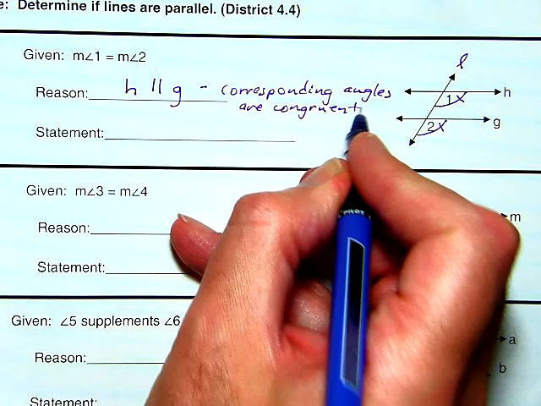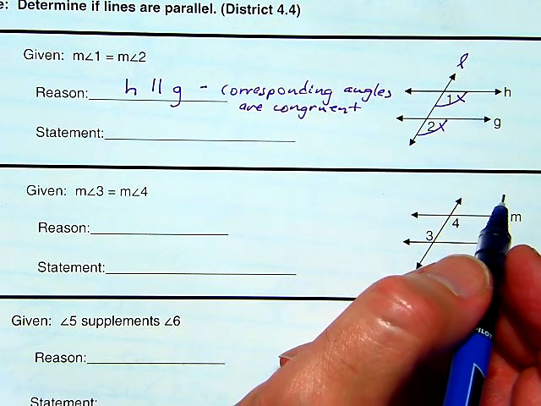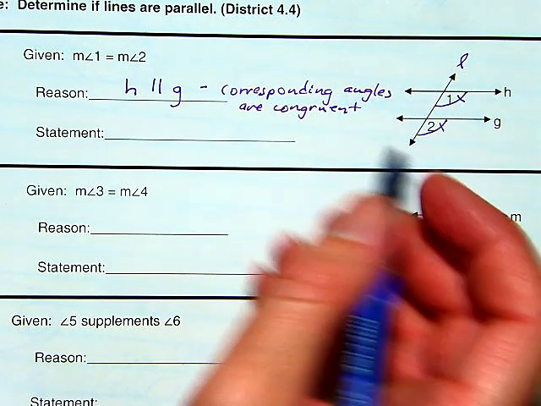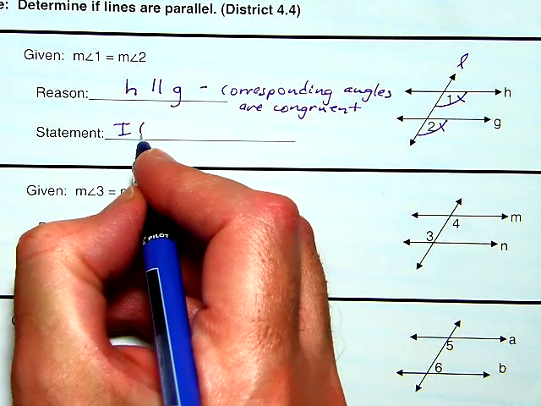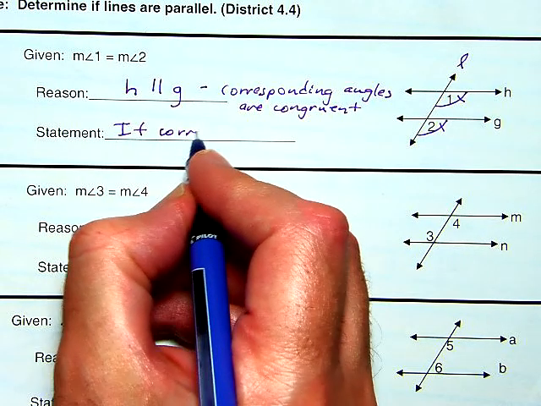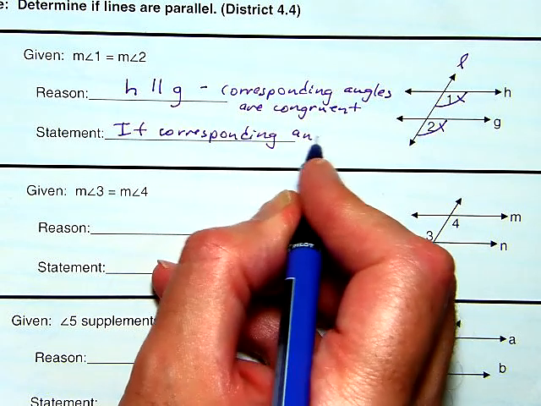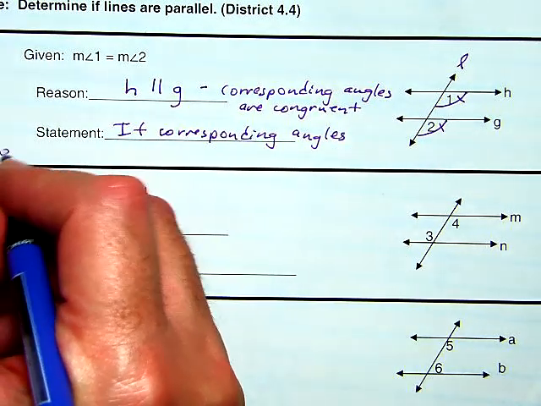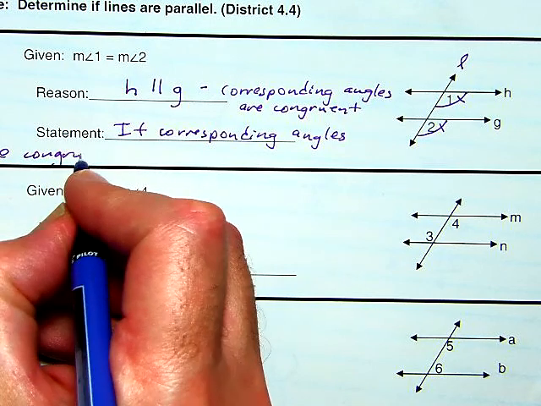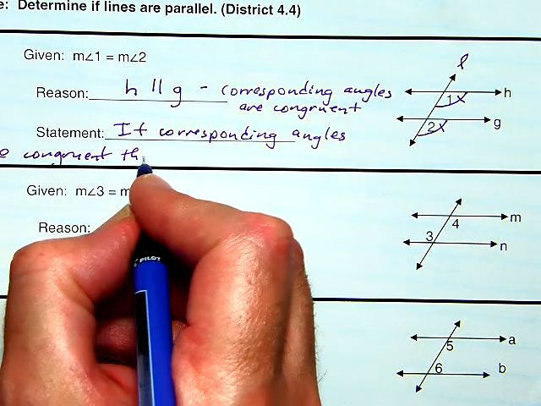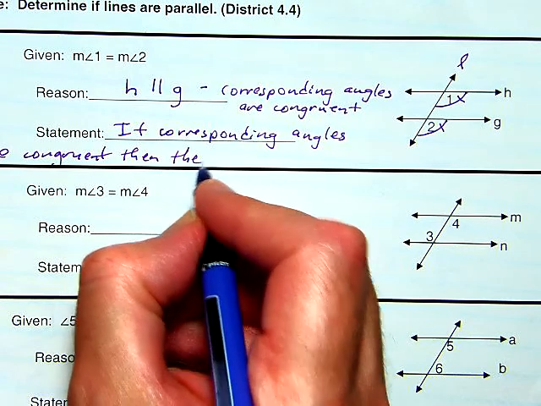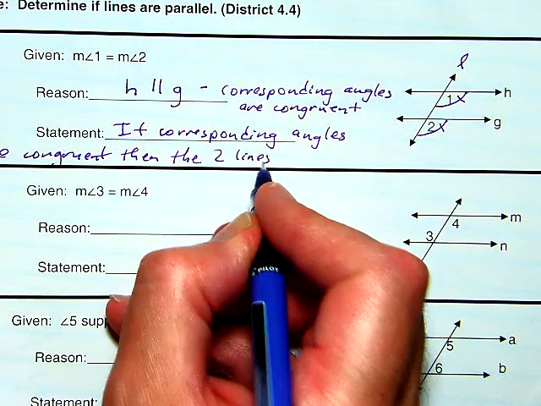They have the same measure. And the statement in general would be that if corresponding angles are congruent or have equal measure, then the two lines are parallel.